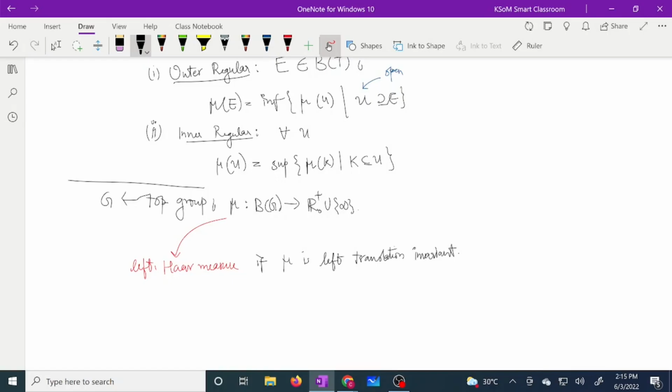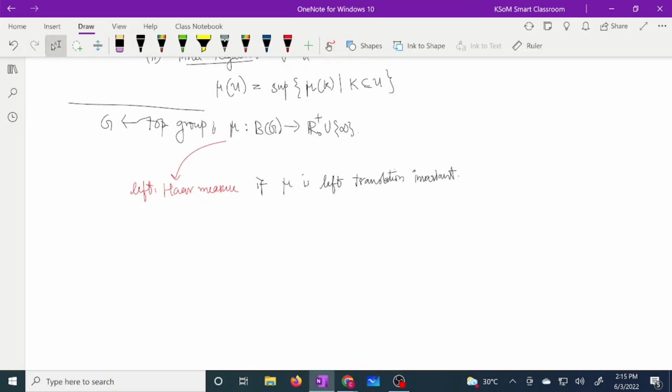What does this mean? Because we have seen that translations are homeomorphisms, for every E in the Borel sigma algebra, the left translate of E will also be in the Borel sigma algebra for every x in G. Because translations are homeomorphisms, they preserve open and closed sets, and these are invertible maps, so you can take them inside unions and intersections.